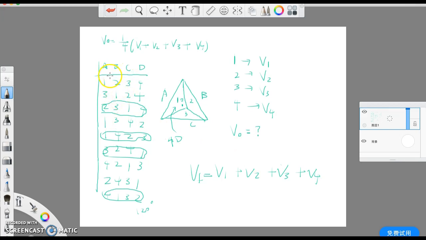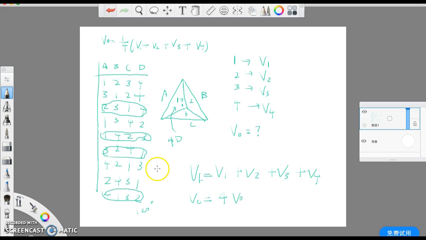In position A we have 2, 1, 3, 4. Position B, 3, 4, 2, 1, right? So we add them up. We now get a new superposed big tetrahedron where all the faces have the same potential, V1 plus V2 plus V3 plus V4. And in the center we have simply 4 V0, because we just add the same 4 potentials at the center together.